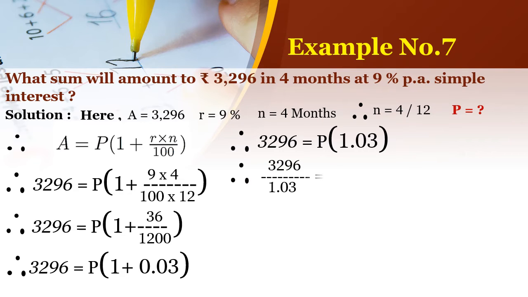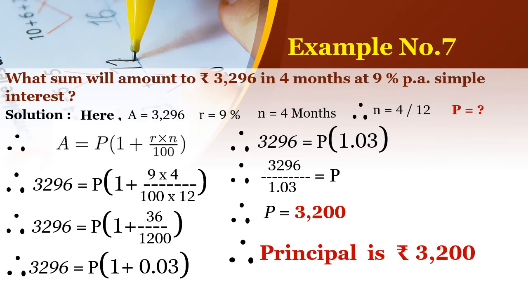So therefore P is equal to 3296 divided by 1.03, when we transfer it to the other side, so we divide, and we get the answer here P is equal to 3200. So principal is rupees 3200. I hope you all get it very easily and in a simple way.